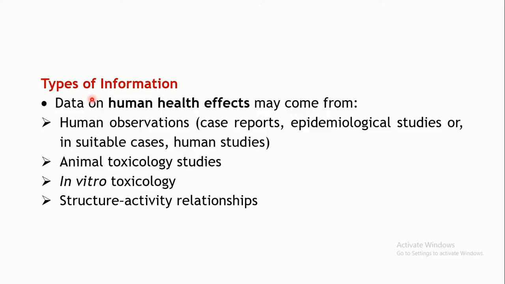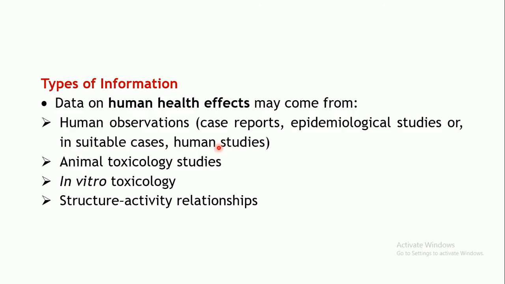Now coming to the type of information: what is it and how can you obtain it? Data on human health effects will be obtained from human observations, say from case reports or epidemiological studies, or in certain situations human studies might also have been carried out.